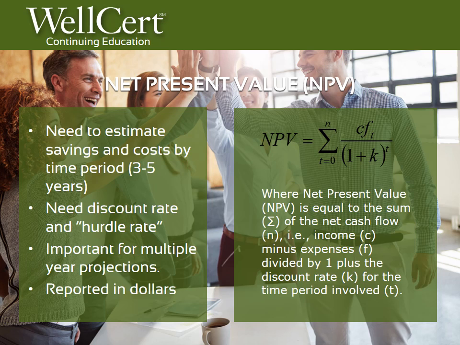And that formula is the net present value, NPV, is equal to the sum, that's the sigma, of the net cash flow, i.e. the income, C, minus expenses, F, divided by 1 plus the discount rate, and that's where our hurdle rate also comes in, raised to the time period involved, the T. So this is the technical formula used by accountants to determine what the net present value is for something like a wellness program.